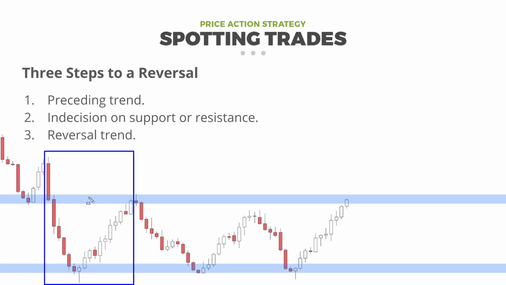This entire thing is the reversal. So now I'm going to break down the 3 parts to a reversal. Part number 1 is the preceding trend. That is the preceding trend of the reversal. Preceding trend just means it's a minor trend that heads into an area of support or resistance. So this minor trend headed from here to here, into the area of support resistance.